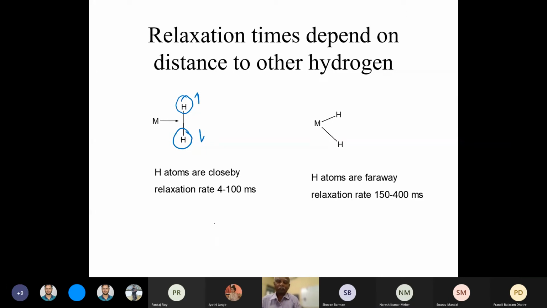So the signal that you observe for protons which are close by is in fact very good, and the relaxation rate is only 4 to 100 milliseconds. This is milliseconds, 4 to 100 milliseconds. And so here the signal's intensity is good.